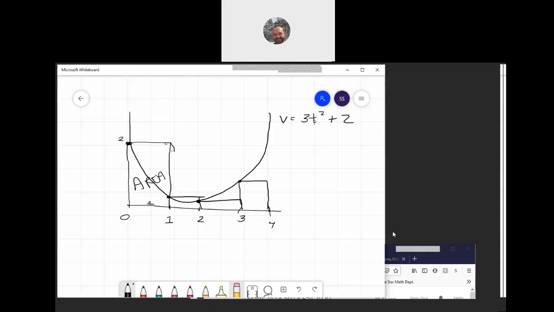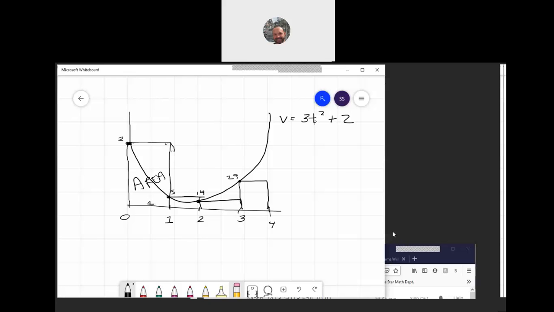Of course I'm not to scale, because 5 would be higher than 2, right? If I let it be 2, 2 squared is 4 times 3, 12 plus 2, 14. Obviously my graph is not correct. That's 27, 29, and then 4, 16, 48, and 50.